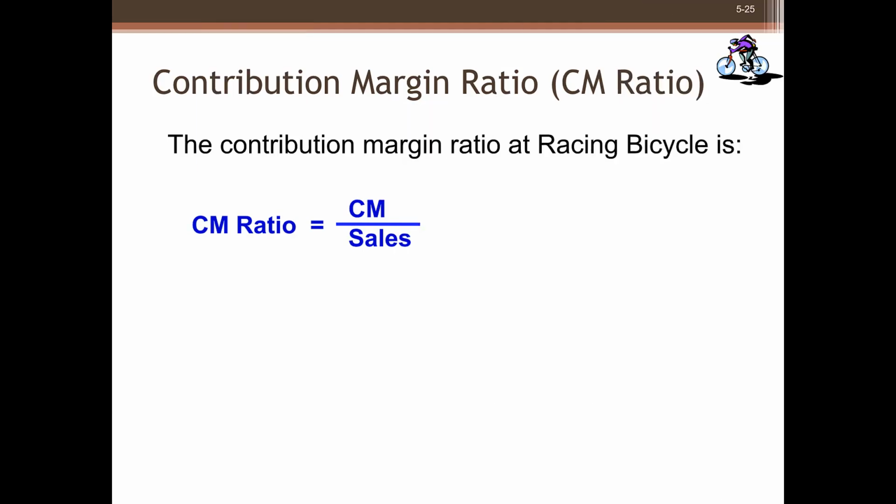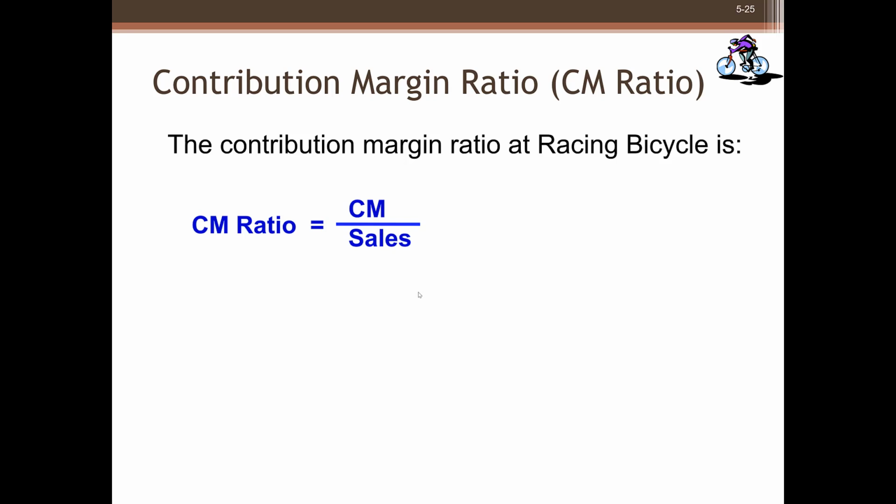We can also calculate it on a unit basis. CM ratio equals total contribution margin divided by total sales.